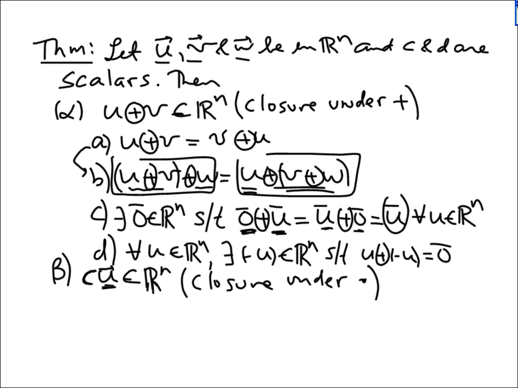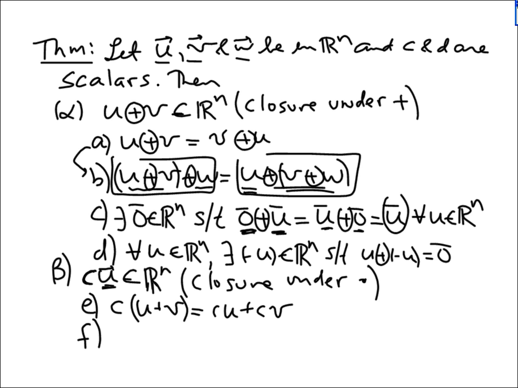Now we have some properties that involve scalar multiplication and also addition. Letter E goes on to say, if you have the sum of 2 vectors, but you want to scale that sum, you want to scale the sum of u plus v, well, it says you can scale u, you can scale v by c, and add them up.